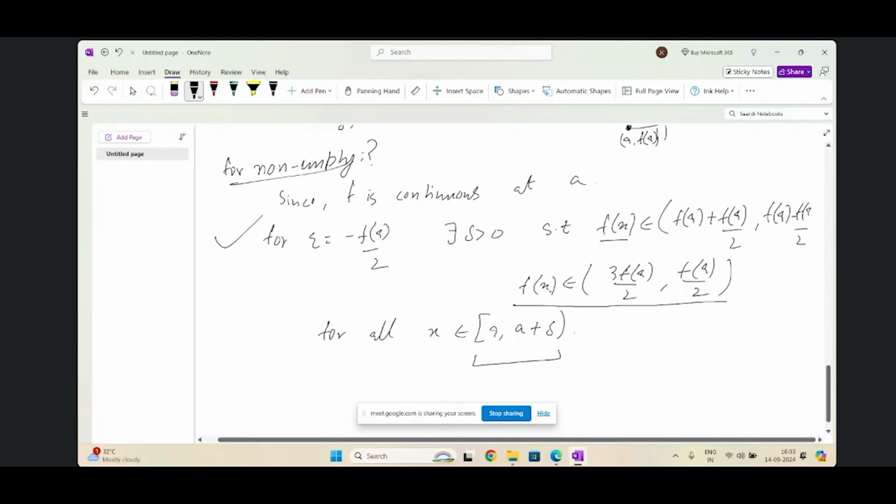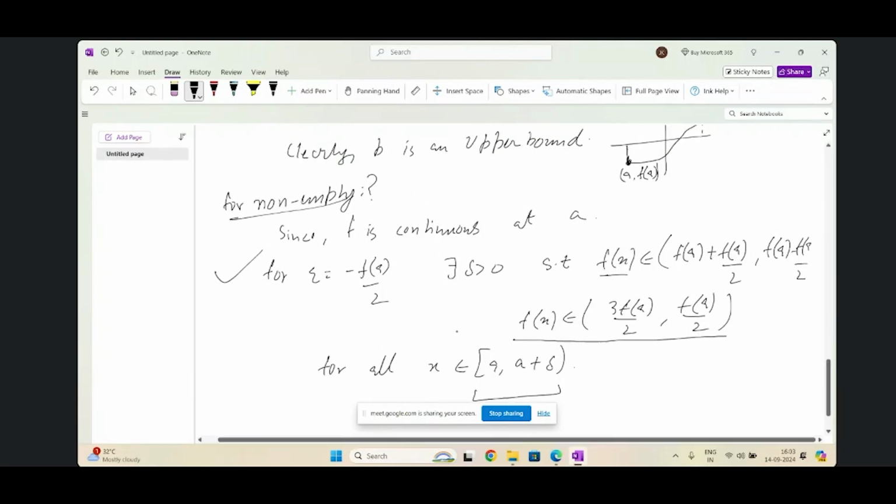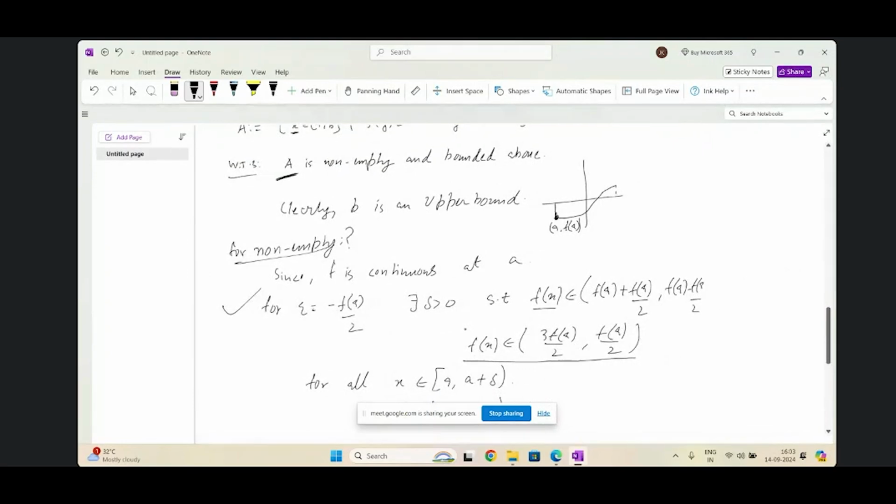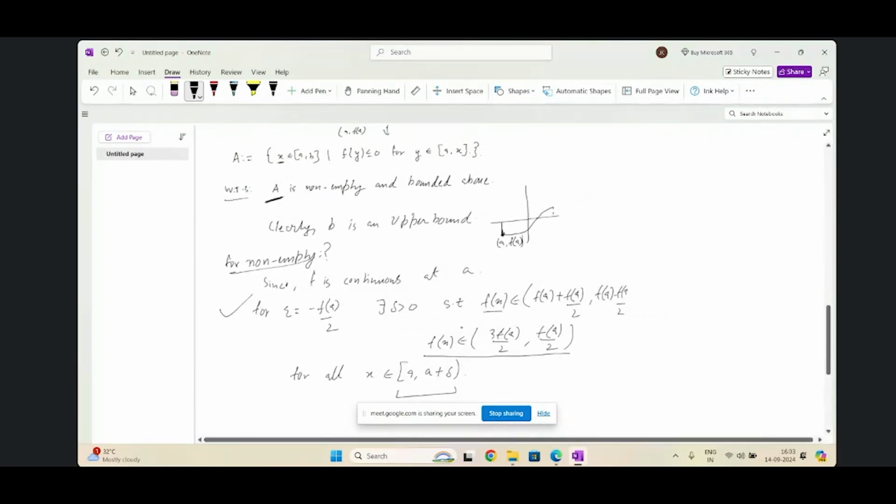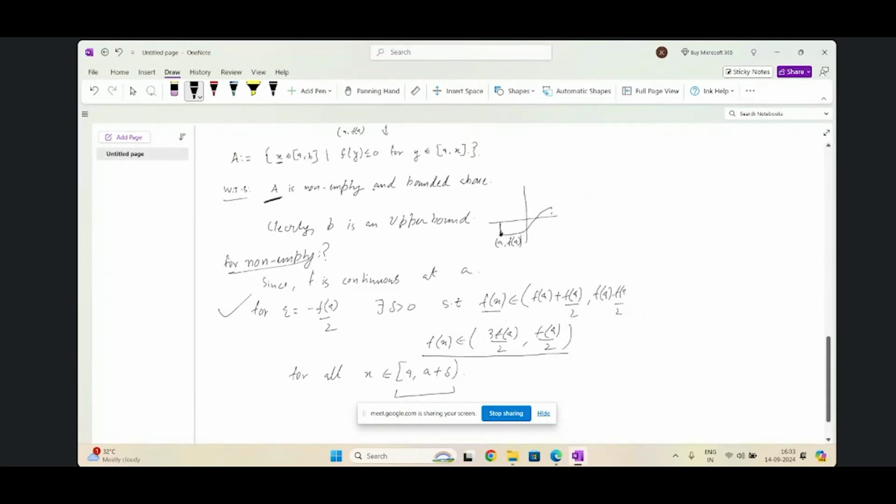Can you try to relate this with the definition of the set? Since we know that f(a) is less than 0, what does it say?